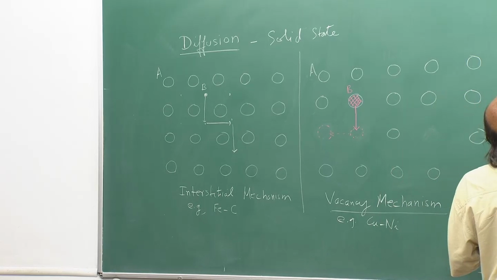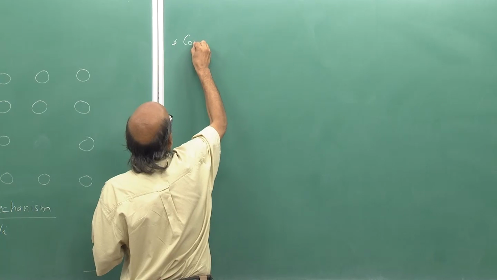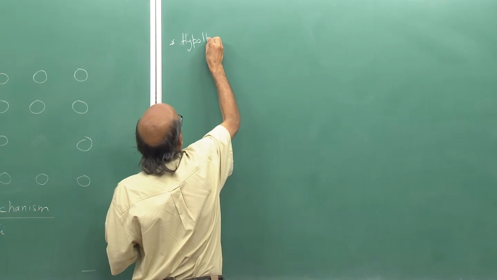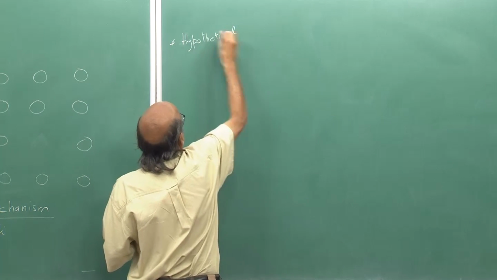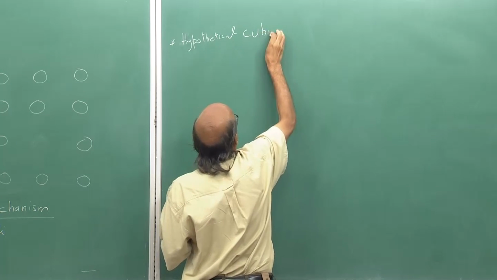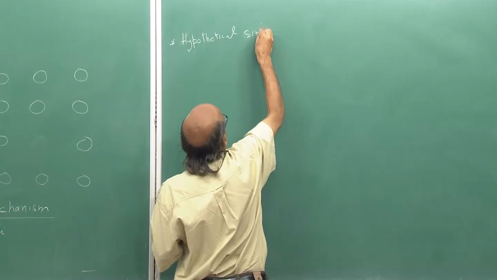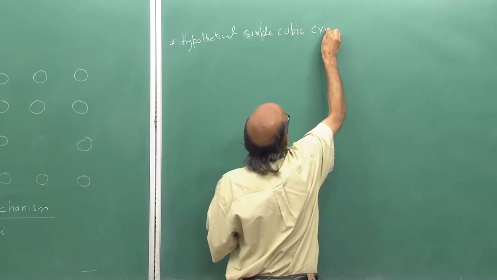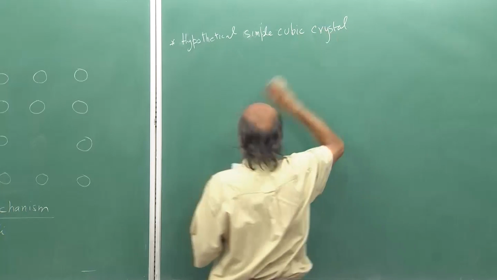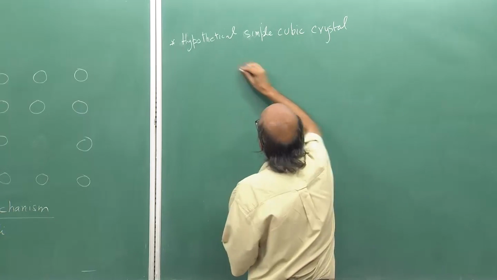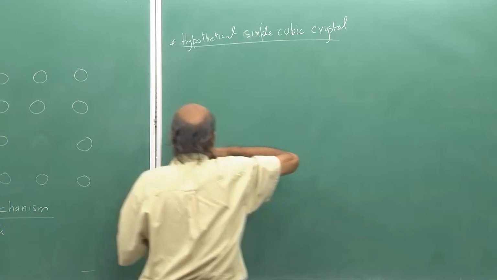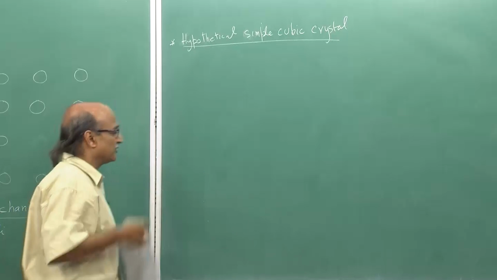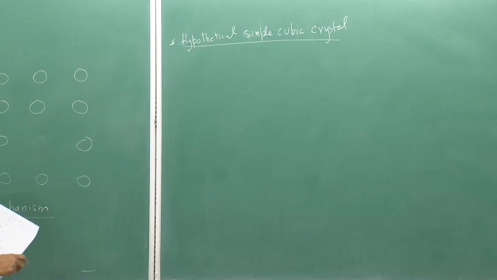So consider a hypothetical cubic crystal, in fact I will say simple cubic crystal to keep things simple. So this crystal may have A atoms and some B atoms substituting the A atoms.